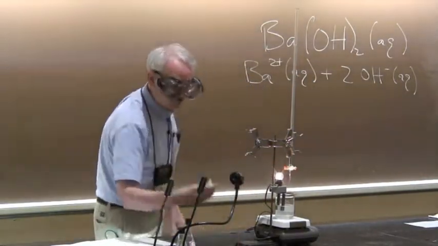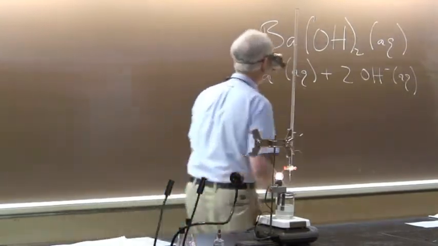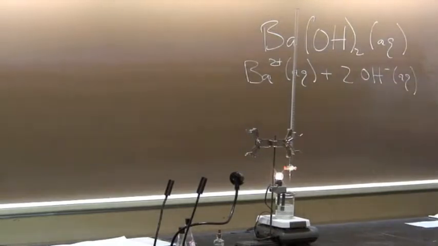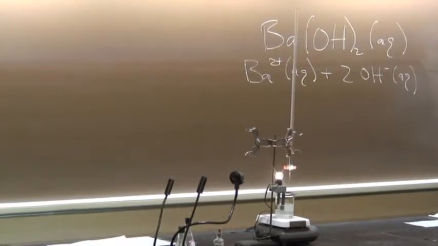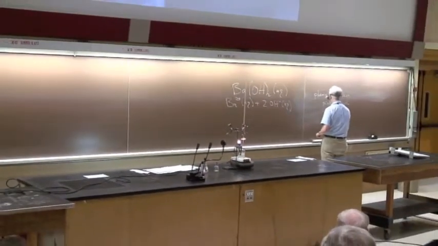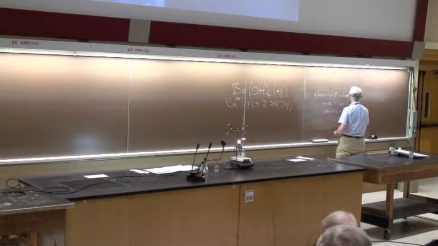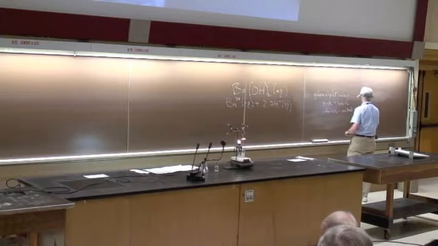And now I'm going to put a couple drops of phenolphthalein in there. And we haven't had this yet in class. Phenolphthalein is an acid-base indicator, which is pink in a solution that's basic, but it's colorless in a solution which is neutral or acidic.